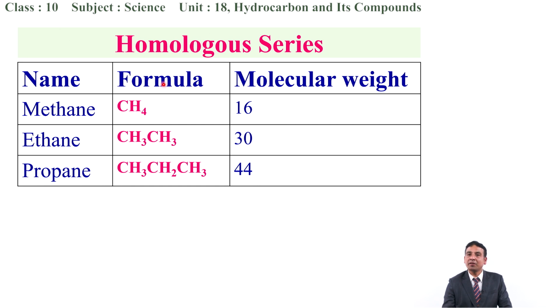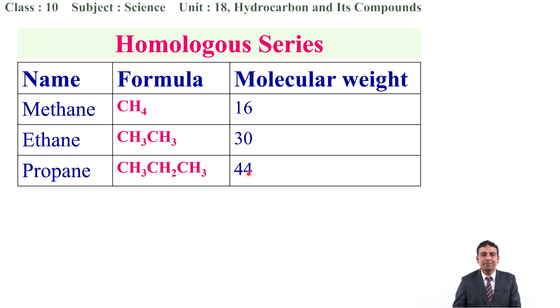They have the molecular formulas CH4, CH3CH3, and CH3CH2CH3, and they have the molecular weights 16 AMU, 30 AMU, as well as 44 AMU. If you study these structures as well as the molecular weights of the different compounds, what difference do you find over these structures? Please write in your copy.